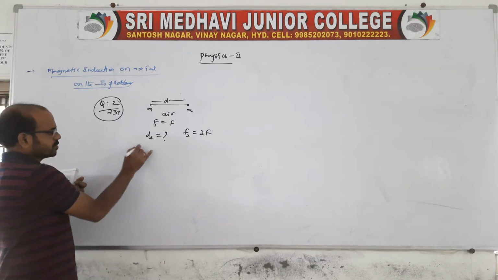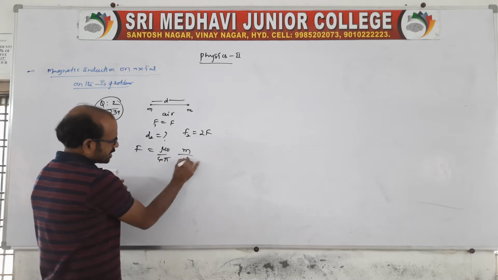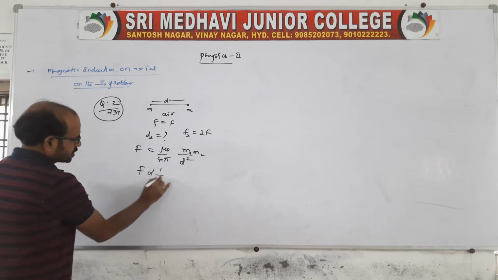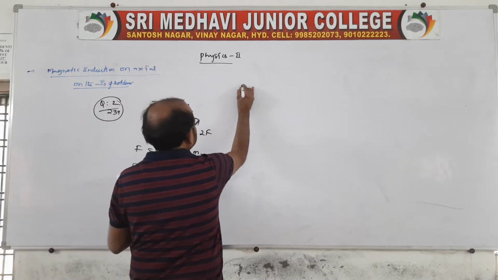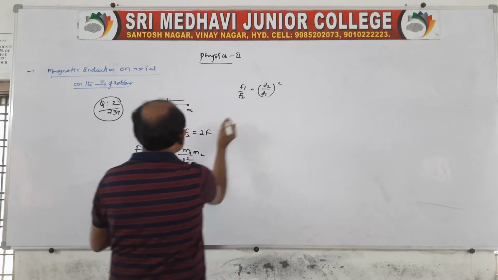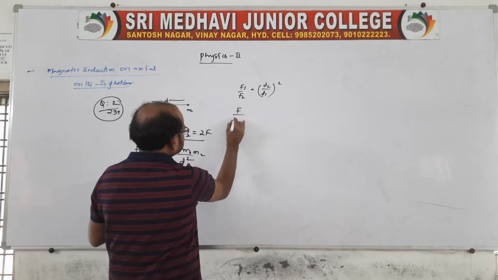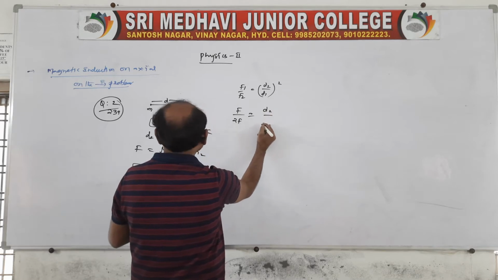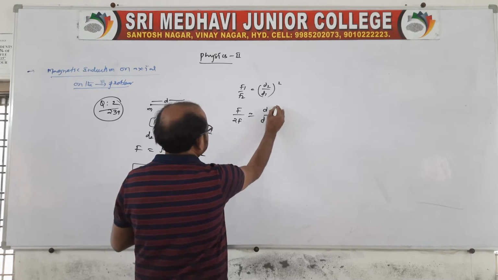Here there is a formula: F is equal to mu naught by 4 pi, m1 m2 by d square. So we can say F is inversely proportional to d square, because it is only related to distance. So write F1 by F2 is equal to d2 square by d1 square. F1 is given as F, F2 is 2F, and we are asked d2. So F by 2F is d2 by d, whole square.